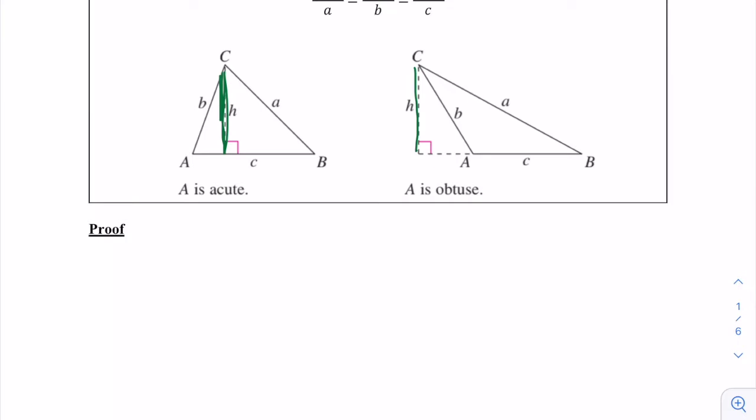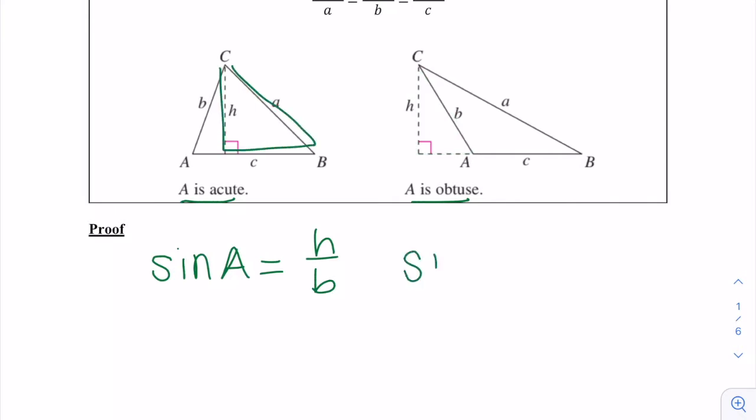Whether this angle A is acute or obtuse, if we're going to find the sine of A, that would just be H over B, looking at this triangle right here. And if we're going to find the sine of B, which I'm going to draw over here, that would be H over A, opposite over hypotenuse.